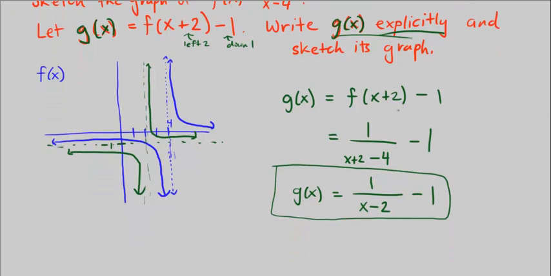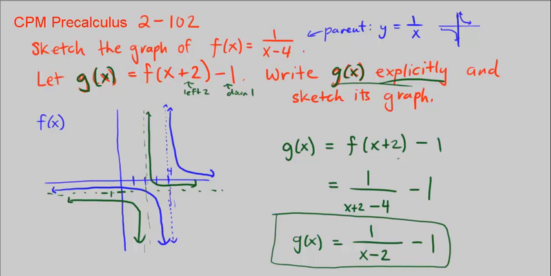Or another way I could do it is, if I take away all the transformations, the parent graph is still 1 over x. I already drew it right here. And the shift in parentheses changes the x value to be minus 2. So it's this graph shifted to the right by 2 and down 1.